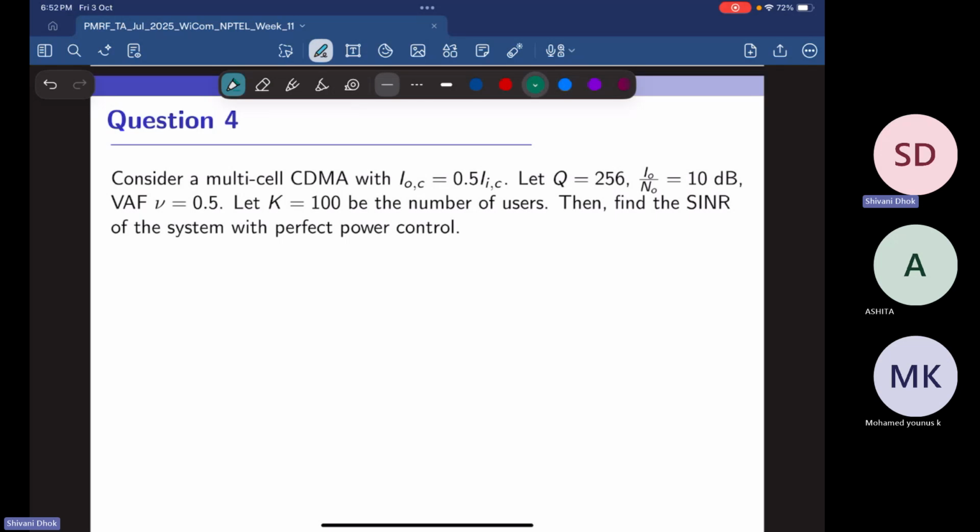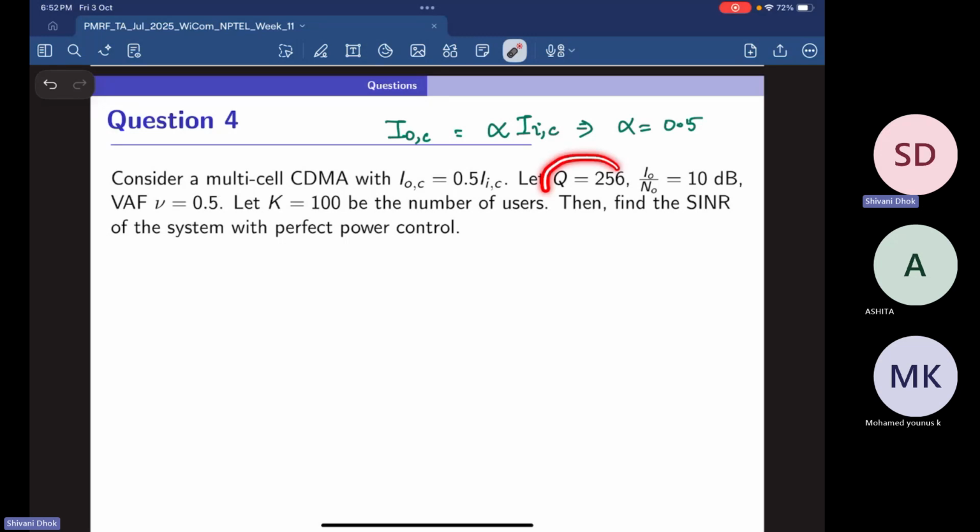We had seen in the lecture that this other cell interference we can write as alpha times the intracell interference I_IC, which means that this alpha for our given case is 0.5. Other things given to us are the spreading factor Q, which is 256, the total interference by noise ratio as 10 dB, your voice activity factor nu given as 0.5, and let k be the number of users.